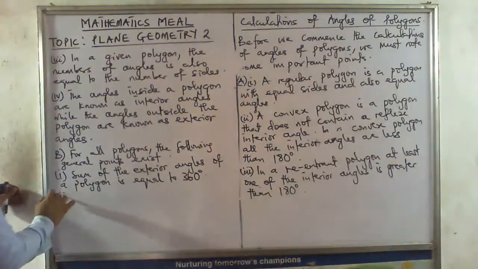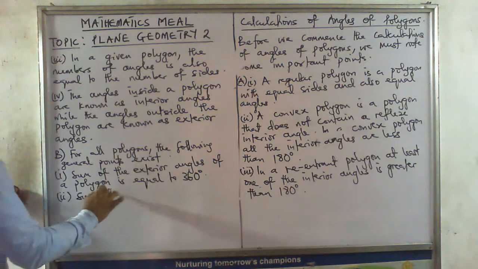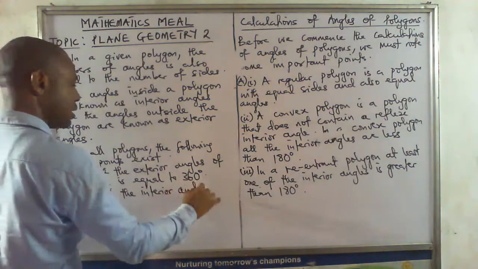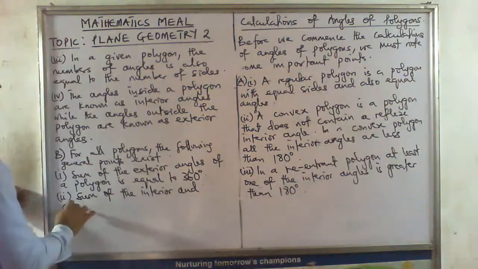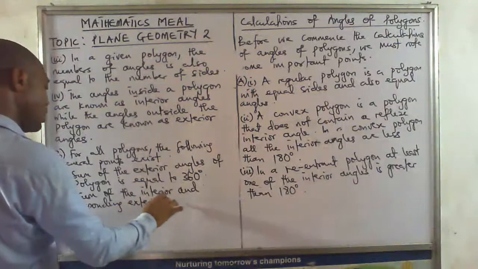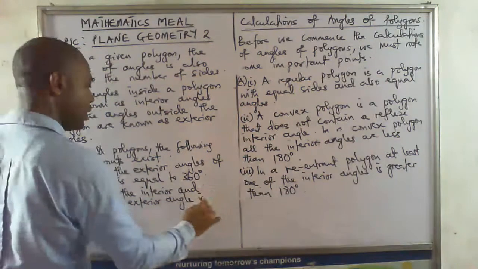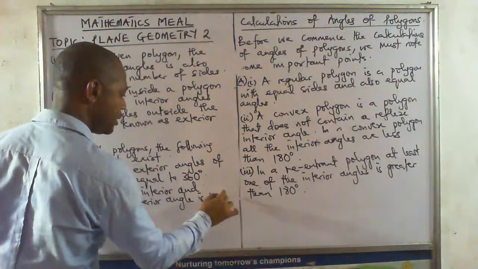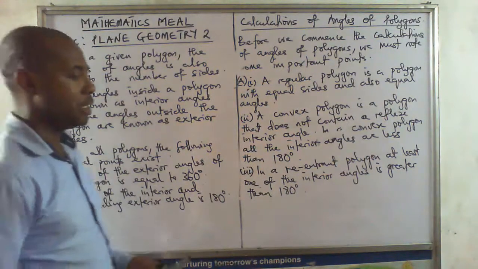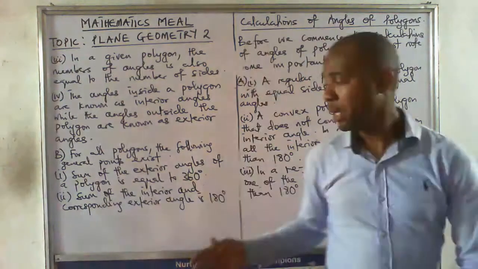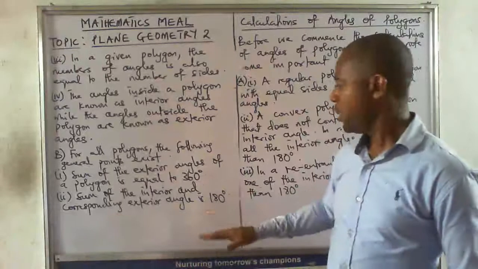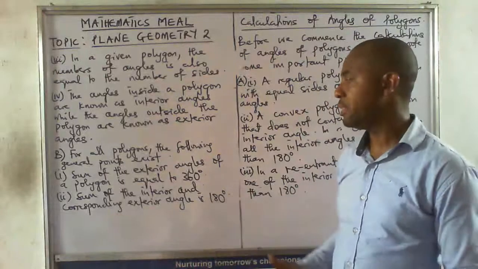Second, the sum of the interior and corresponding exterior angle is 180 degrees. So the sum of the interior and exterior angle of any polygon is 180 degrees.